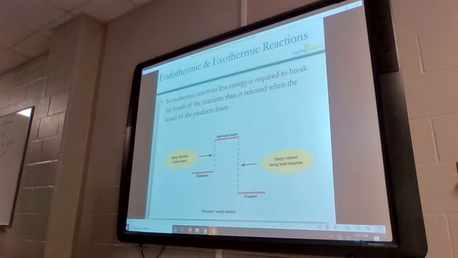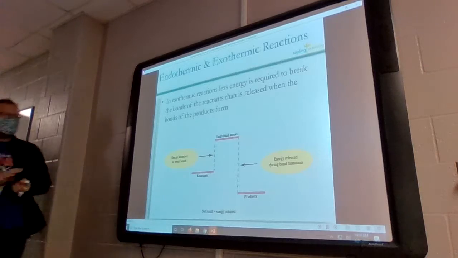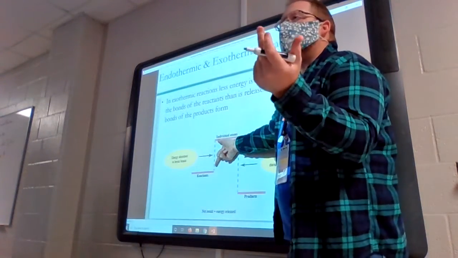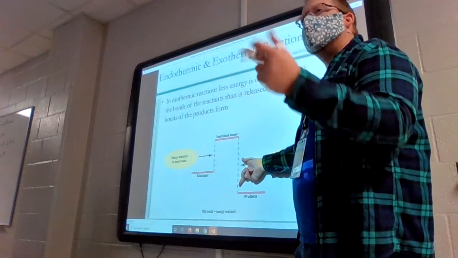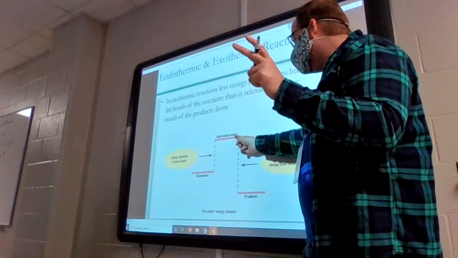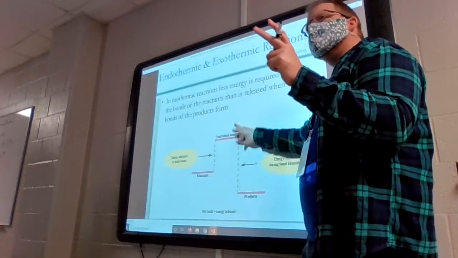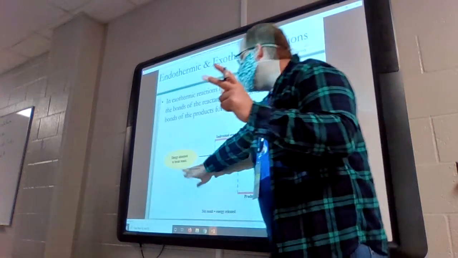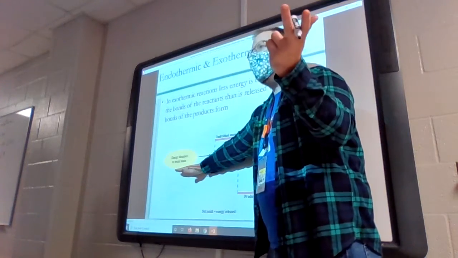For exothermic reactions, what they're showing you is that the energy I absorbed is smaller than the energy I released. Can everybody see that? I'm releasing more energy right here, top to bottom, than I put in at the beginning. At the start of the equation, my energy level was here.